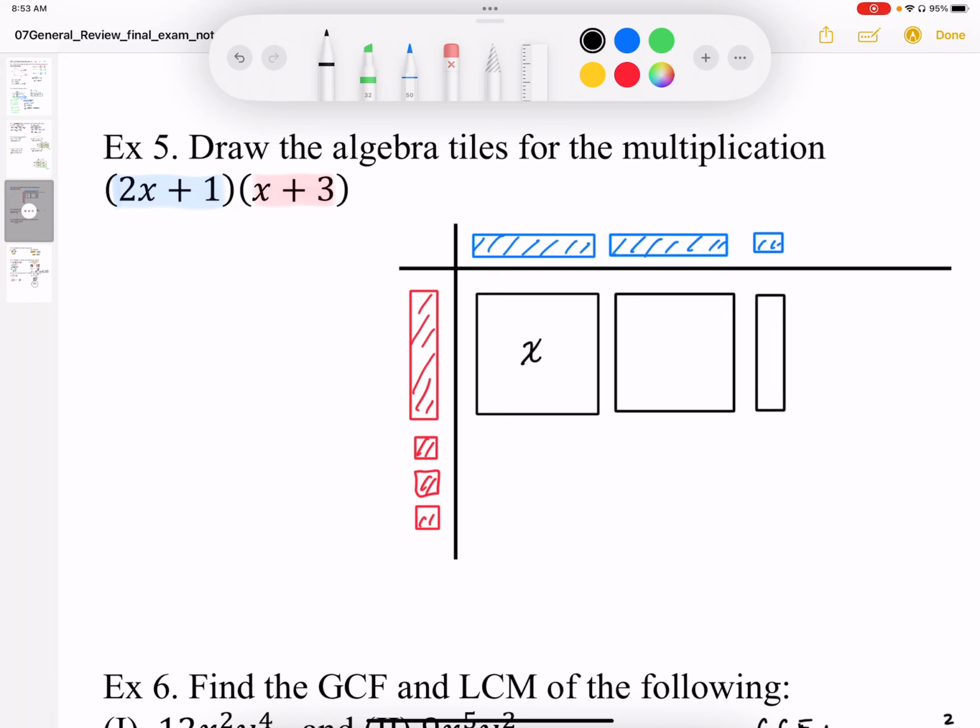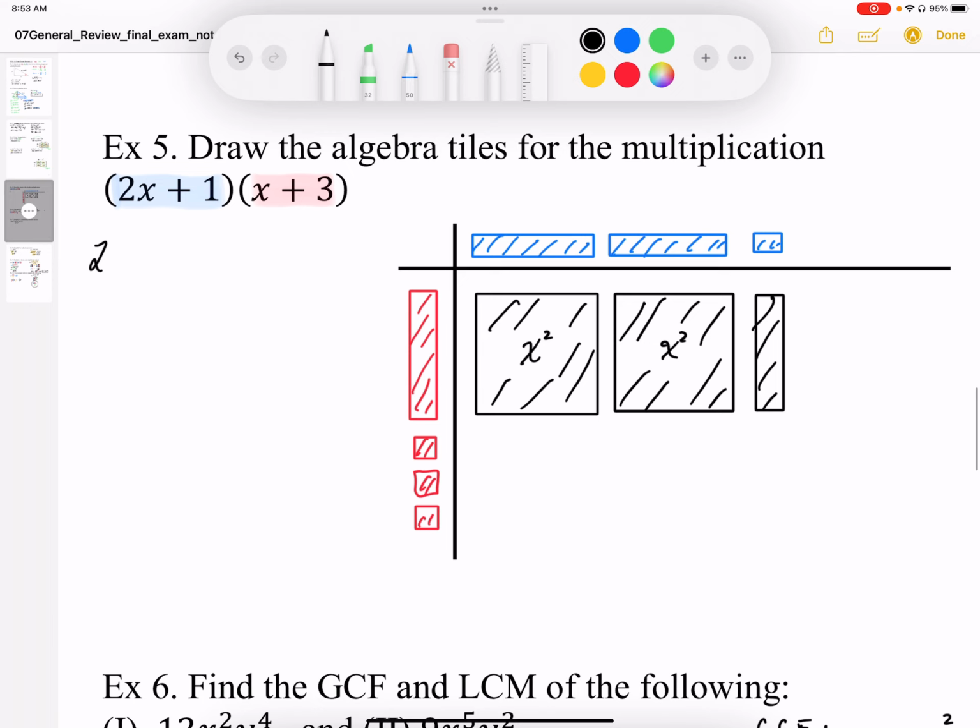So we have 2x squared plus the x. I'm just going to shade this in to show that it's positive, since we have positive times positive. That becomes 2x squared.